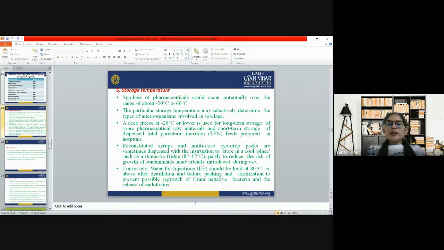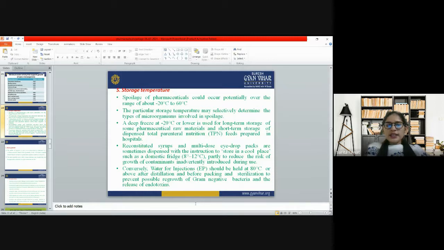Now, reconstituted syrups and multi-dose eye drops are sometimes dispensed with instructions to store in a cold place such as a domestic fridge, 0 to 12 degrees Celsius, partly to reduce the risk of growth of contaminants inadvertently introduced during use.